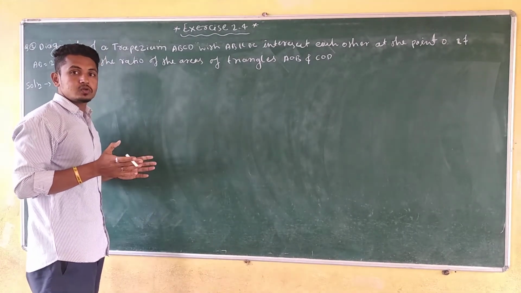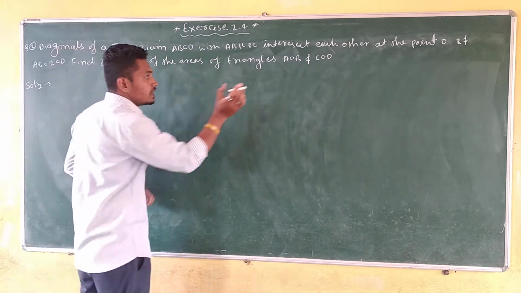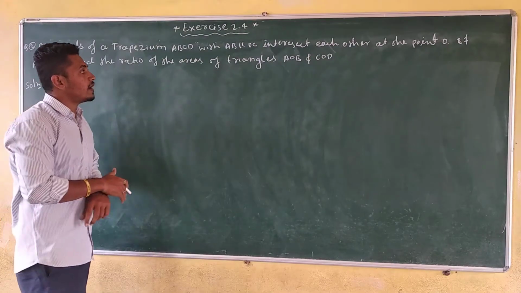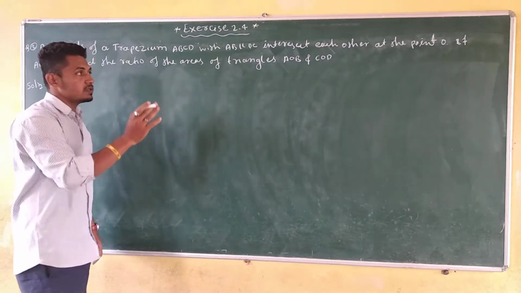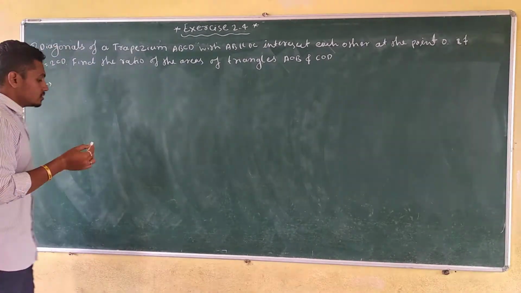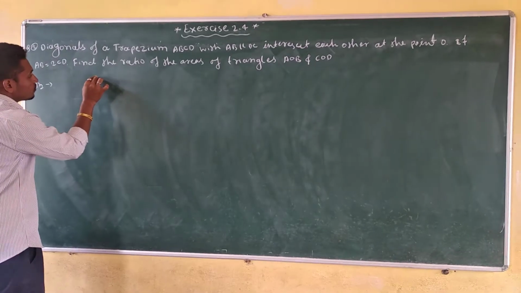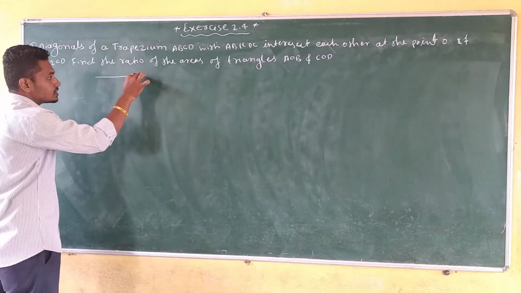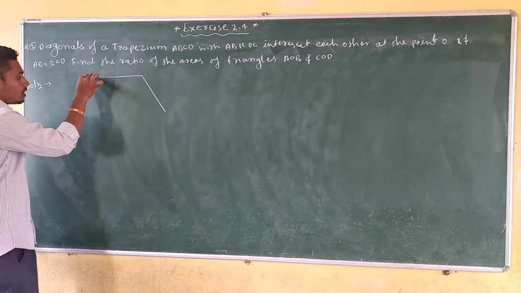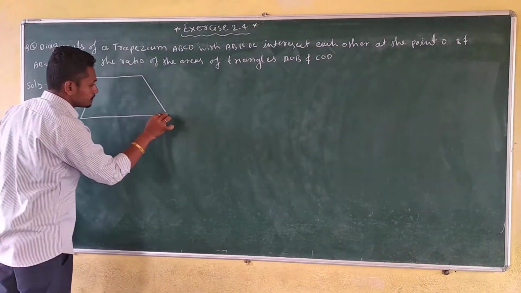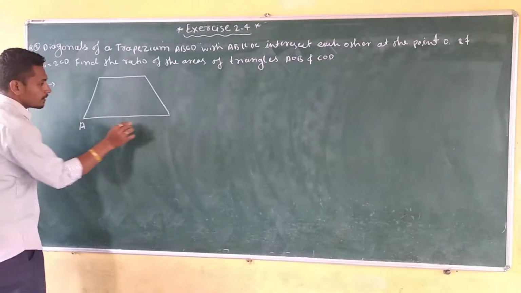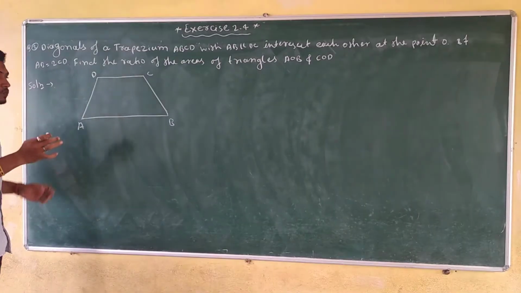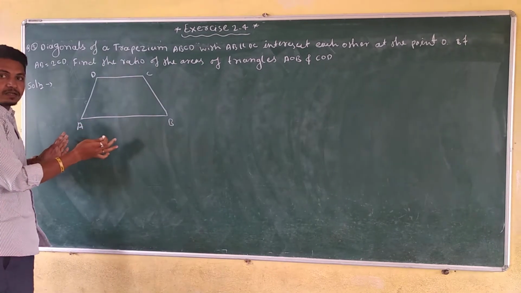First, we have to prove these two triangles are similar to each other. Only then can you find the ratio of the areas of these triangles. So let's prove first that these two triangles are similar. First we have to draw the trapezium ABCD. Why draw it like that?